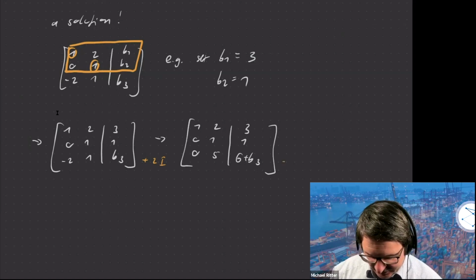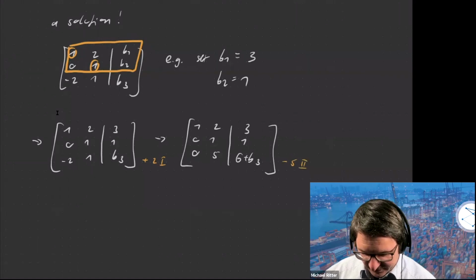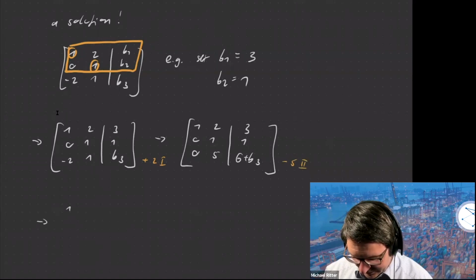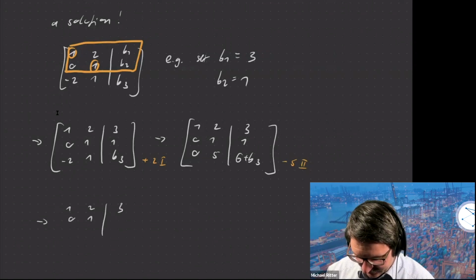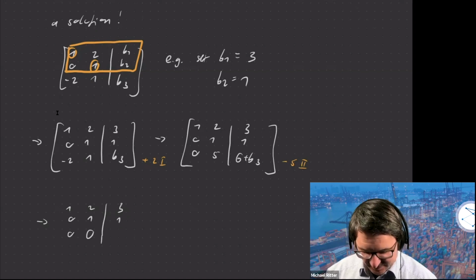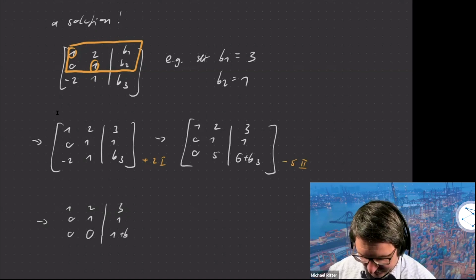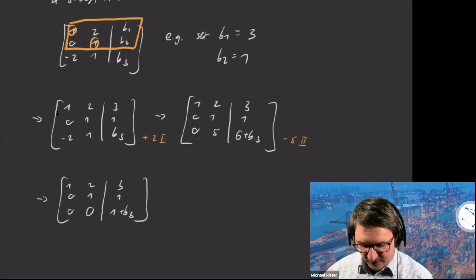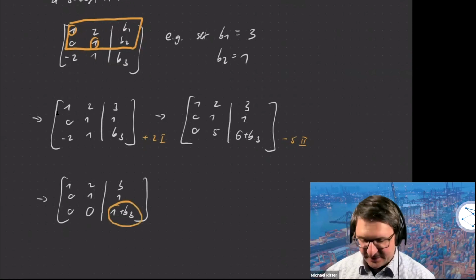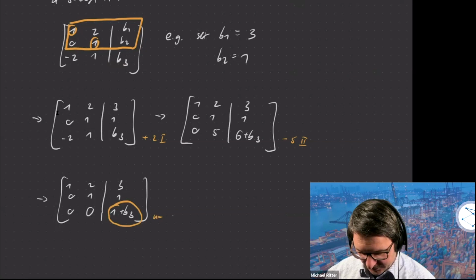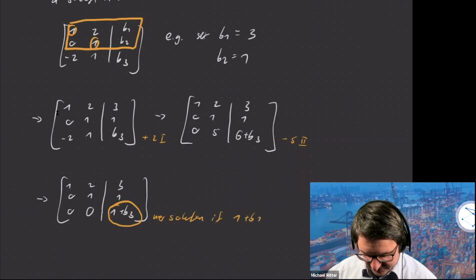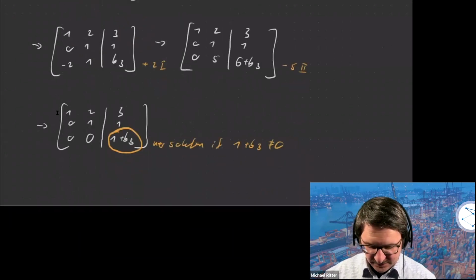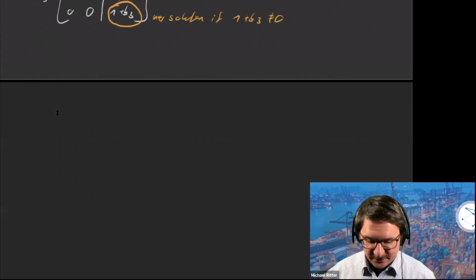And then we subtract 5 times the second row from the last one. And we get 1, 2, 3, 0, 1, 1, and 0, 0. And here we have 6 plus B3 minus 5. So that's 1 plus B3. So now we can see we'll only get a solution if this here is 0. So we have no solution if 1 plus B3 is not 0. So any B3 with that property will do.